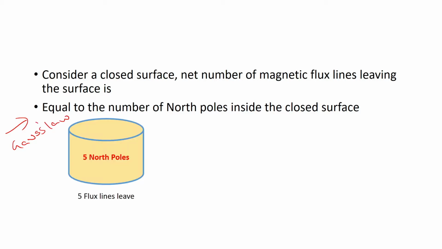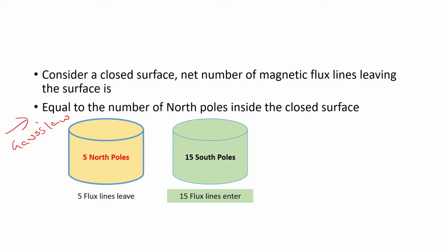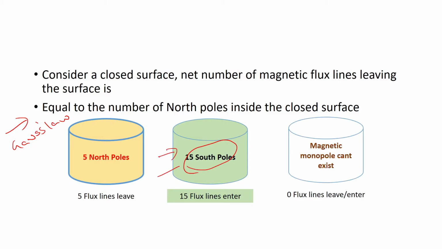That is, if you have a closed body and you have 5 north poles inside that, then 5 flux lines would be leaving the body. Similarly, if you have a closed surface and there are 15 south poles inside, then 15 flux lines would be entering the body. But in actuality, a magnetic monopole can't exist.